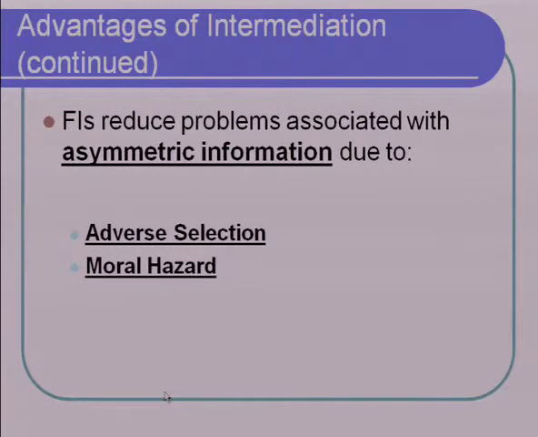And financial institutions reduce problems associated with asymmetric information. So asymmetric information means that whenever there's a transaction taking place, there are 2 parties. So in terms of a loan, there's a borrower and a lender. One party to the transaction always has more information than the other party.